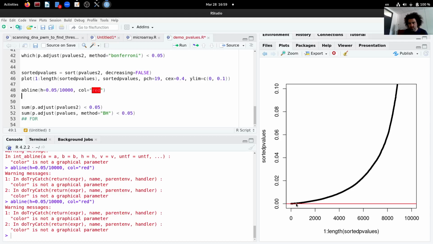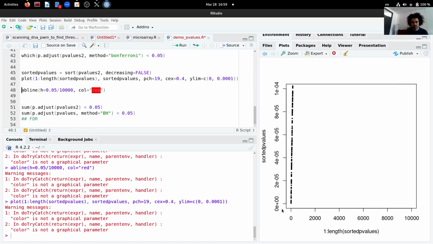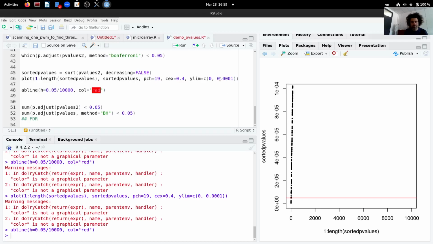Probably we cannot see that very clearly, but if we go to a smaller value here, perhaps we will be able to see that. Yeah. So I just went to the very beginning here, and these values reject the null hypothesis. Okay, so let's go to the original scale, or at least to the 0.1 scale.